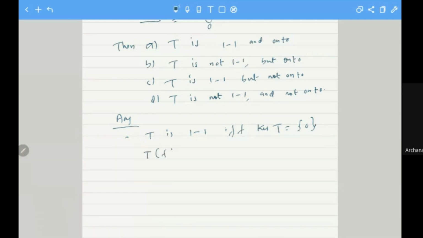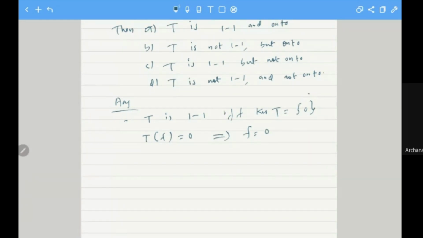T of some f equal to 0 should imply f equal to 0. T is 1-1 means the kernel of T is just the set {0}. This is what we need to check now.